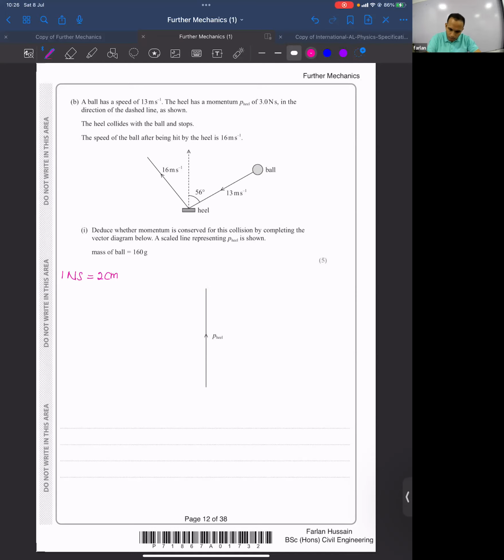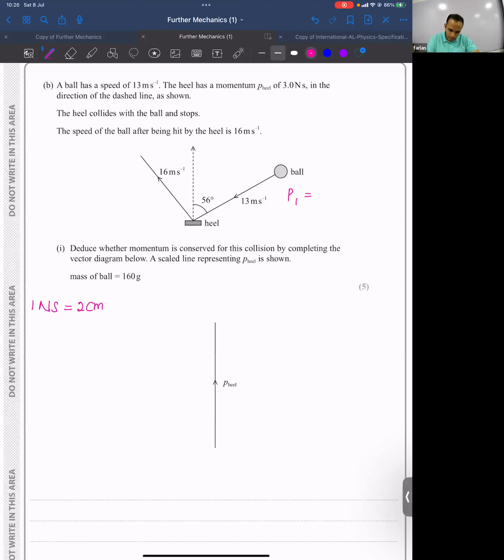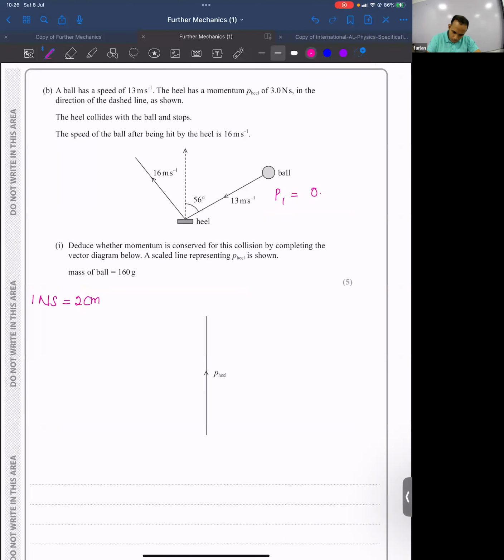So the ball has a mass of 0.16 kilogram. So guys, I'll calculate its momentum before the collision this way. P1 is 0.16 into 13, which will be 2.08 Newton seconds.